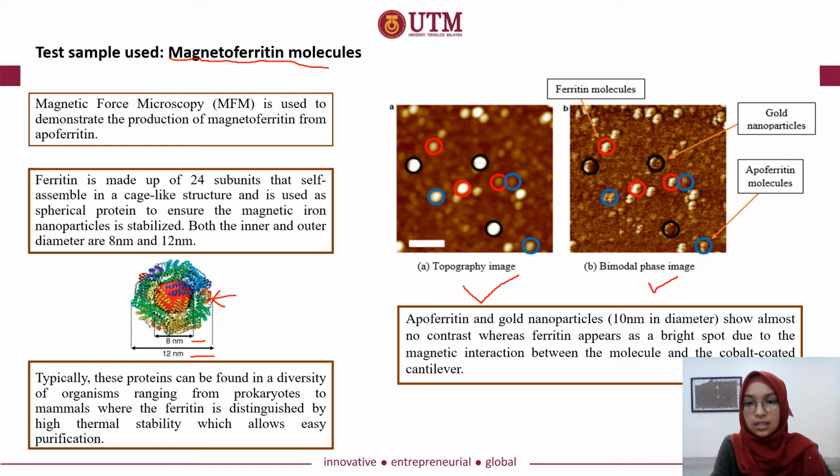As we can see here, ferritin molecules are located in the red circle, while the gold nanoparticles are shown in the black colored circle. The apoferritin molecules that appear as a bright spot are shown in the blue colored circle.